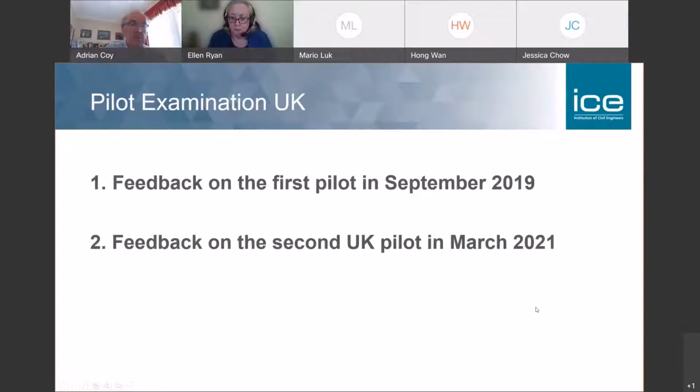So, as part of developing the exam, we've now held 2 pilots to test the exam process, and not only for the candidates, but also to test the marking process to make sure that we're consistent and fair in the way that we mark the exam. So the first pilot was held in September 2019.